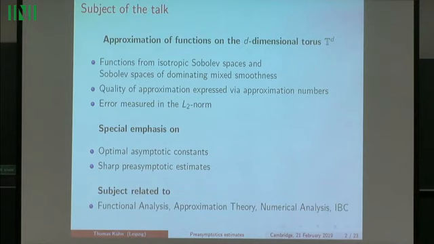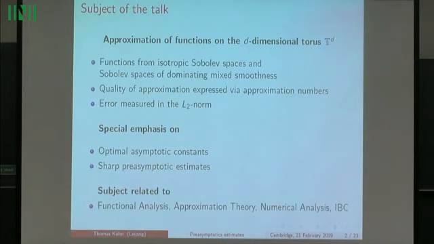And the quality of approximation is expressed via approximation numbers, which appeared already in several talks here. And the error is measured in the L2 norm, and at the end, maybe if I have time, I will make a few remarks on approximation in the L infinity norm.